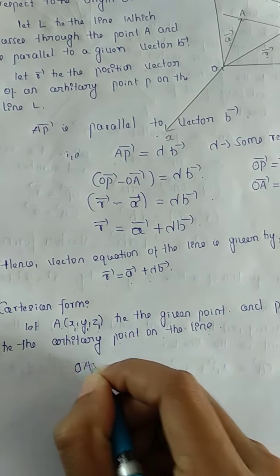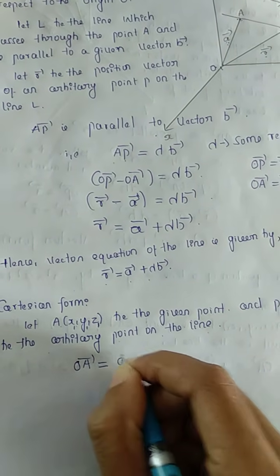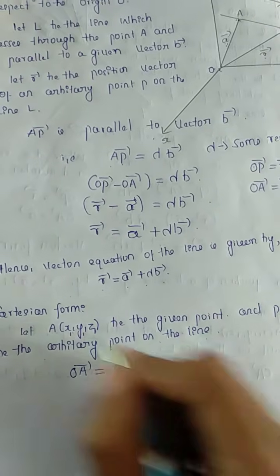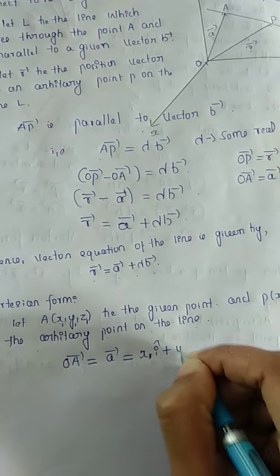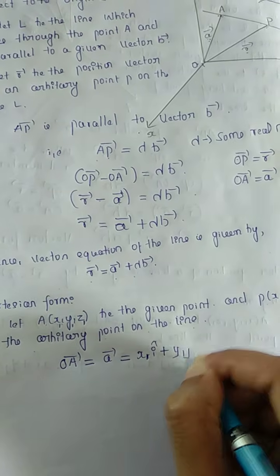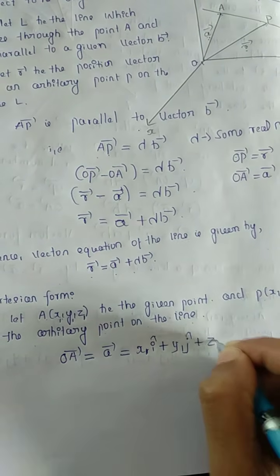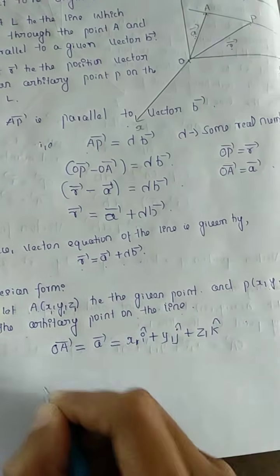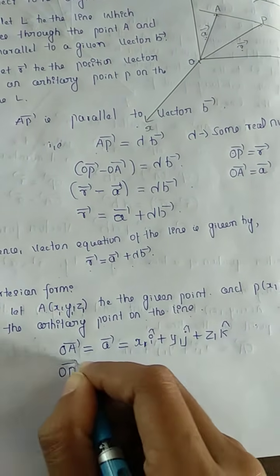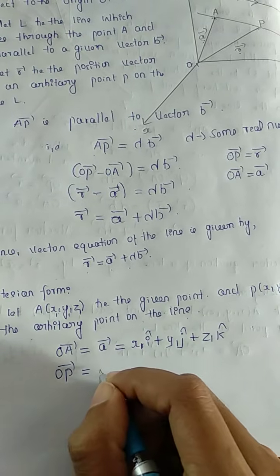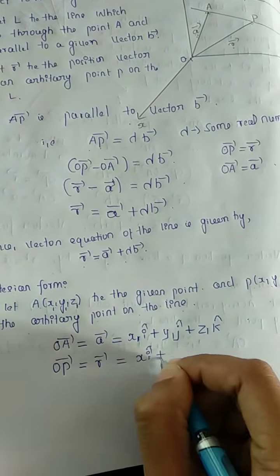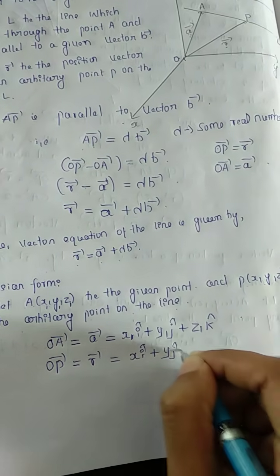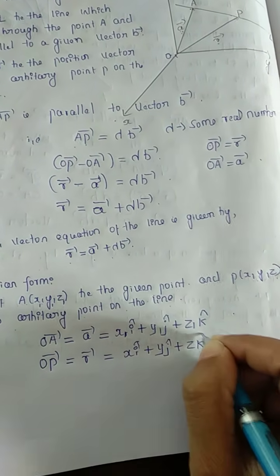So we write vector OA is equal to vector A as x1 i cap plus y1 j cap plus z1 k cap, and vector OP is equal to vector R is equal to x i cap plus y j cap plus z k cap.